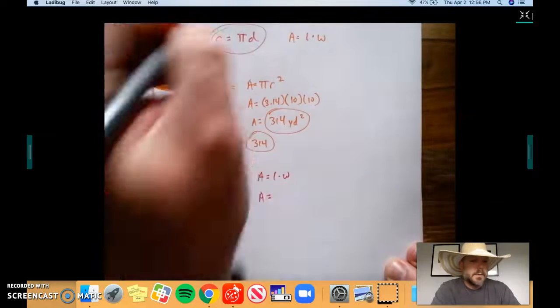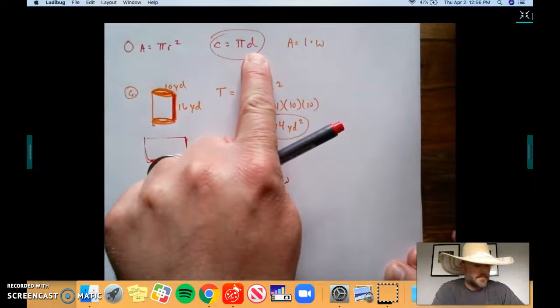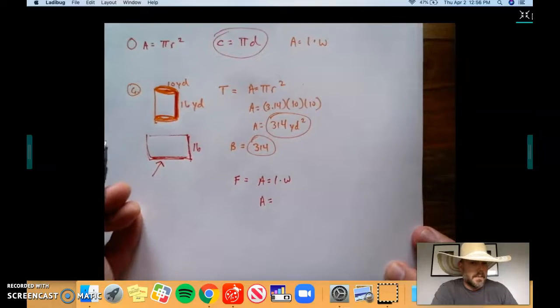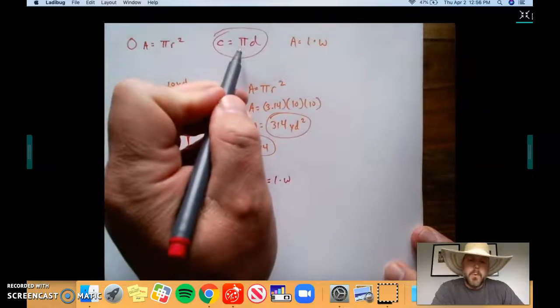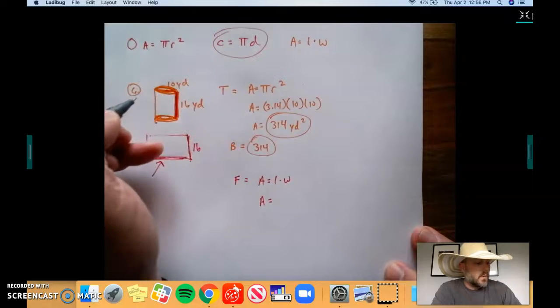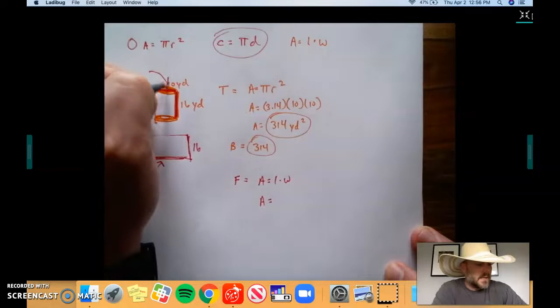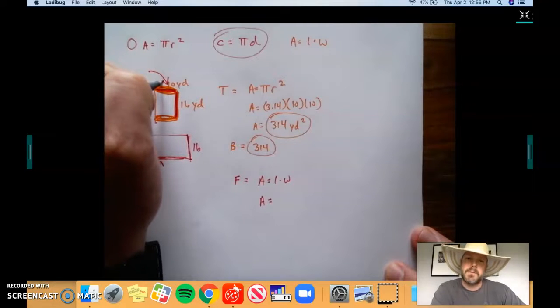Remember, circumference of a circle is pi times the diameter. Pi is 3.14, and diameter is the distance across the whole circle. They gave us the radius. The radius was 10, and that's halfway across the circle.